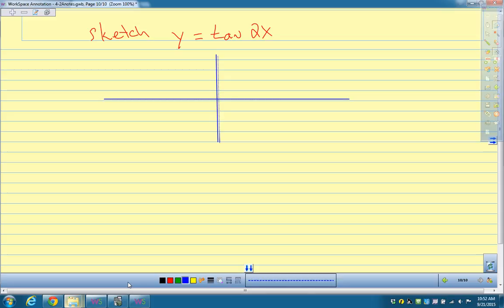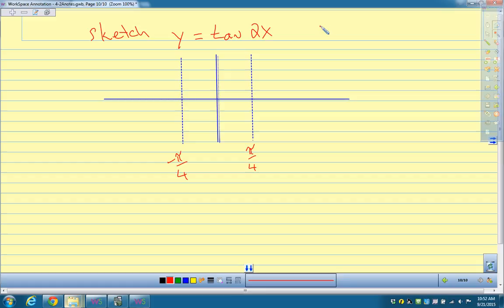What's that 2 in front going to do to it? It's going to speed it up by a factor of 2. Okay? So instead of the asymptotes being at pi over 2 and negative pi over 2, it's going to squish it, right? So what would they be at? Pi over 4 and negative pi over 4. It's going to make it go faster. If you don't like that, then you could use the formula.